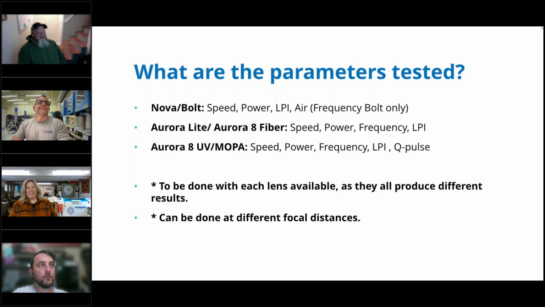So now, also, when we look at these parameters, we need to do these for each lens. If you're running the Novas or the Bolts, each lens is also going to give you a little bit different outcome, and the lens will go along with your lines per inch as well. So it's not just limited to, I did one with the 35-100, here's my 3 mil Baltic birch plywood material test.